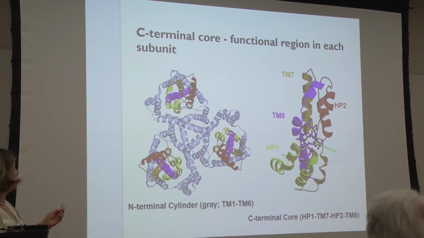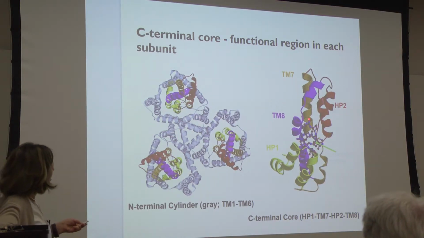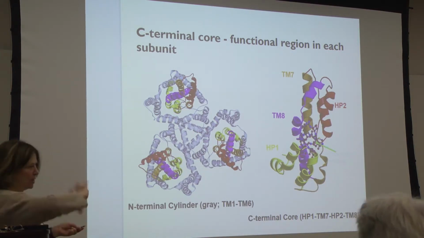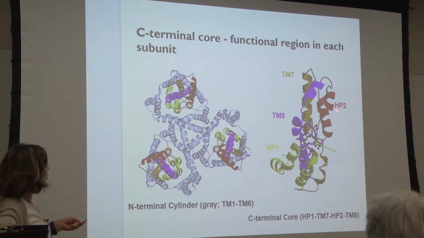Originally, when the structure was determined, they defined, based on structure, 2 substructures. One was this substructure here, which we can see from the other perspective, composed of 2 helical hairpins, HP1 and HP2, and 2 transmembrane helices, TM7 and TM8.